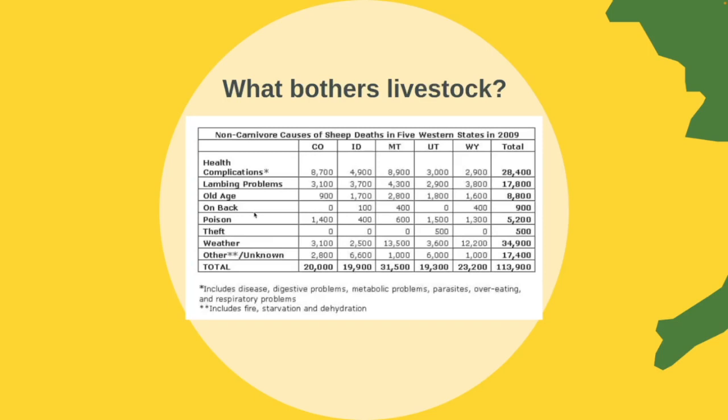By tracking the movement patterns, you'd be able to identify changes in weather. You'd be able to identify old age through a reduction in movement. If there are any health complications, then you would see lesser movement in the animals. So by analyzing tracking patterns and the amount of movement a particular animal has, you'd be able to better predict whether a livestock is bothered, whether it is impacted, or whether it needs attention or not.